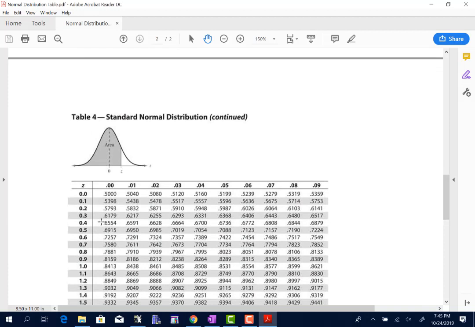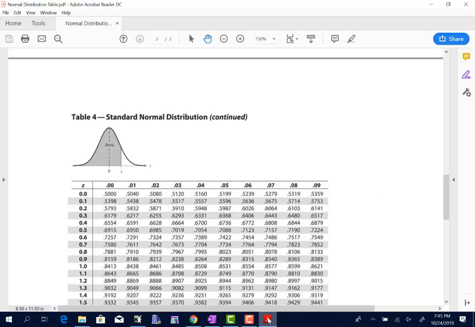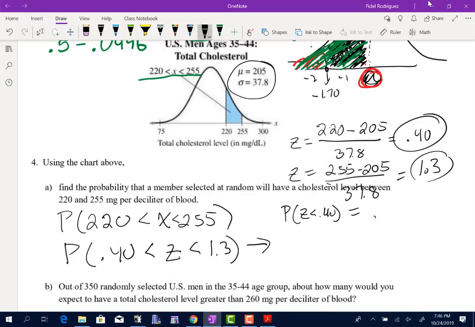Does that look about right? So I'm going to come back over here. The probability that z is less than 0.40 was, I already forgot what I said, point something or another, right? 0.6554? Good, thank you.